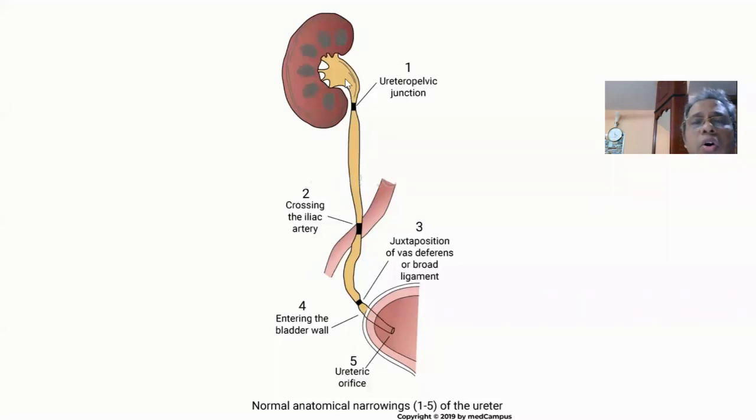ESWL, and also RIRS, all for the upper ureteric stones or the pelvic stones. In the pelvic stone, they can be treated by these methods. But in case of upper ureteric stones, the treatment is one expectant, the other is push bang. That means you push a ureteric catheter or guide there, the stone is banged upwards, migrated up, then through PCNL you can remove it.